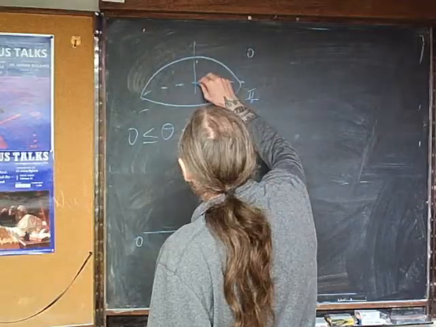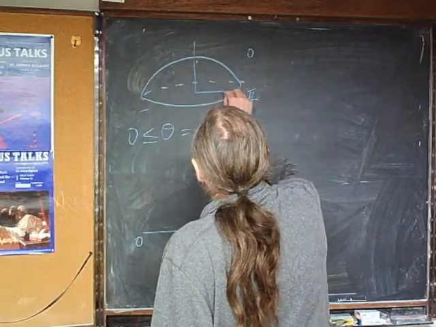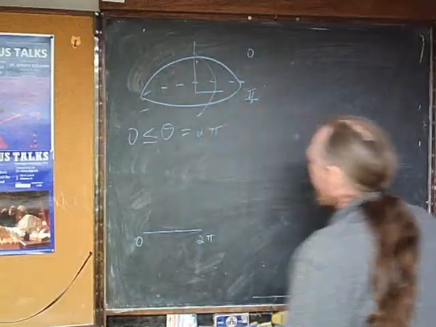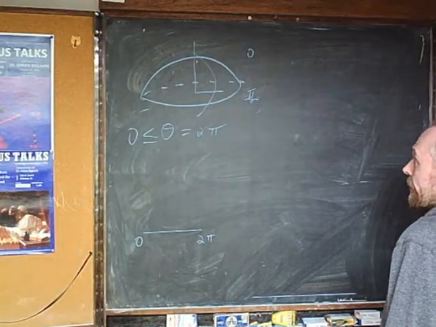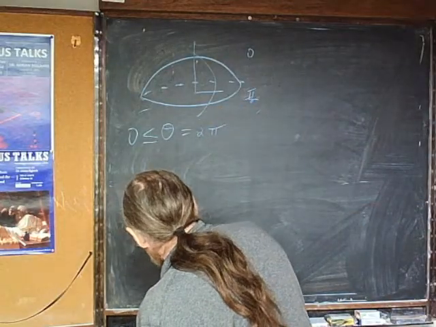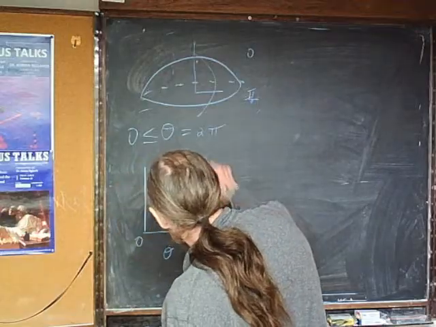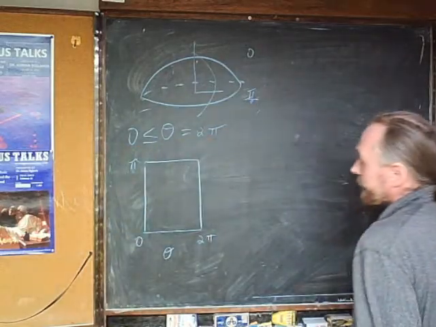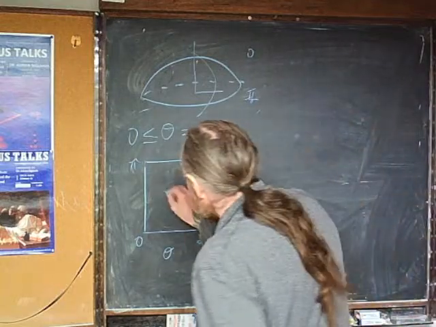This is the phi that we're doing. You could normally go all the way, but we're only going to go halfway. And so if this is the theta, then the rectangle that we're getting, Fubini, is going to be 0 to pi. And so there's the region D that we're using.